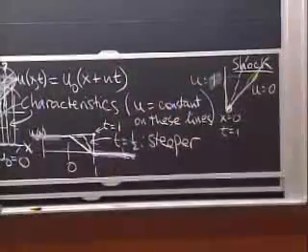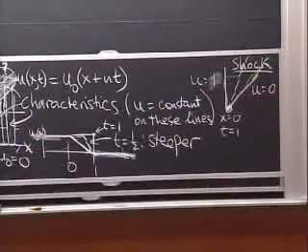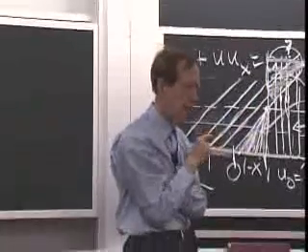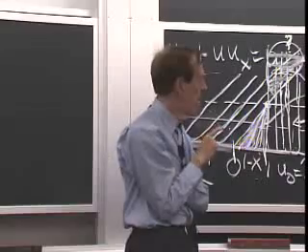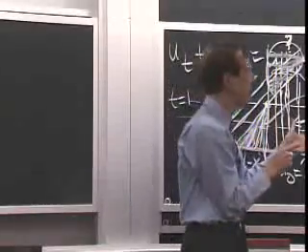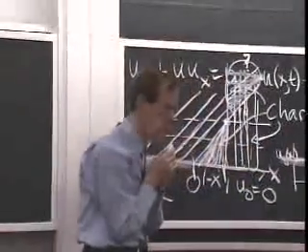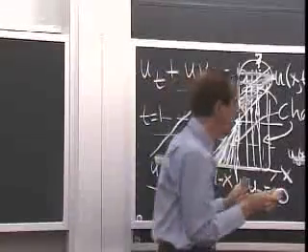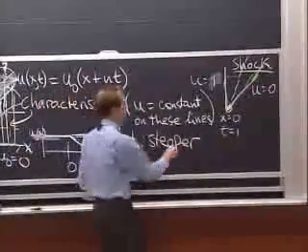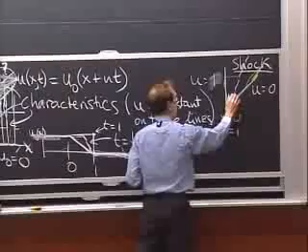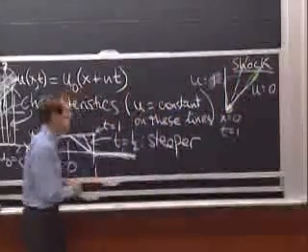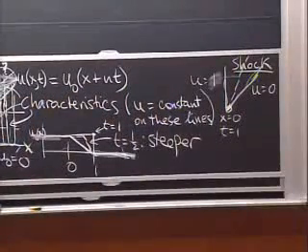Then there's another possibility, and that will happen in this case, actually. But there is another possibility that will happen in other cases, and that would be a fan of characteristics. Let me see that when it comes.